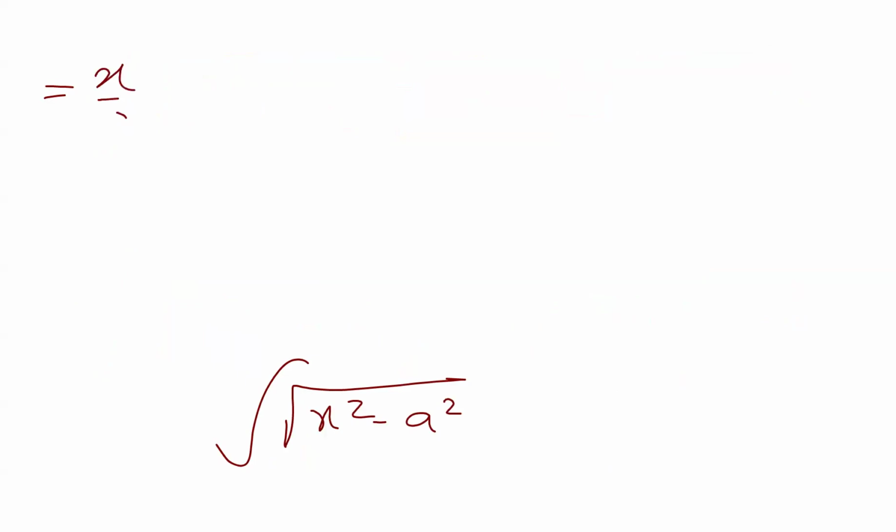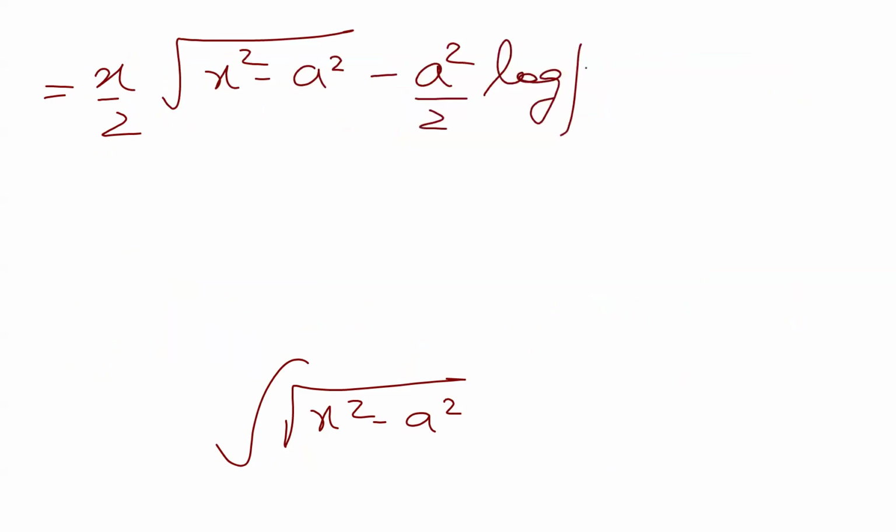Now this is the bigger formula: integration of root x square minus a square is x by 2 root of x square minus a square minus a square by 2 log mod x plus root of x square minus a square plus c.